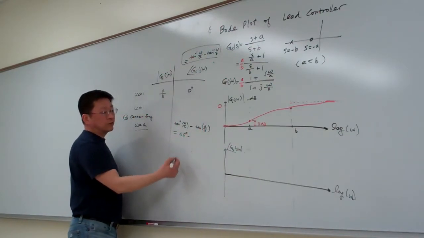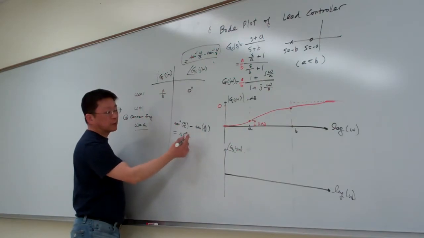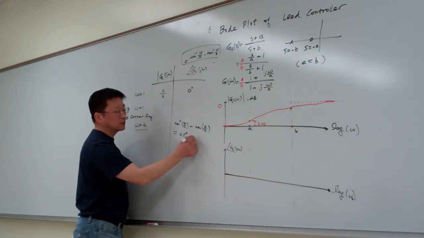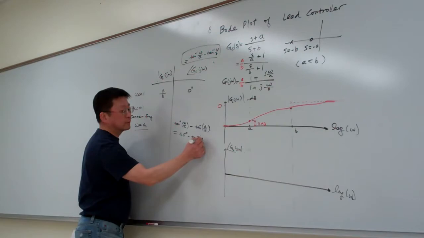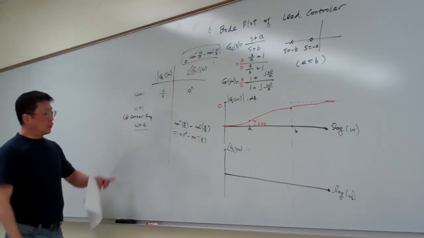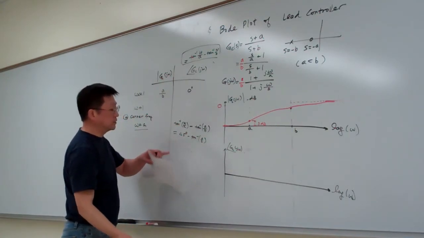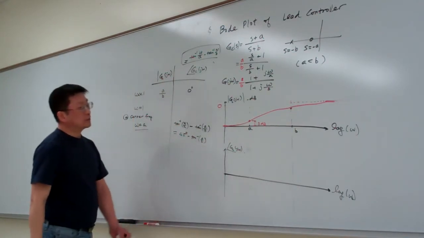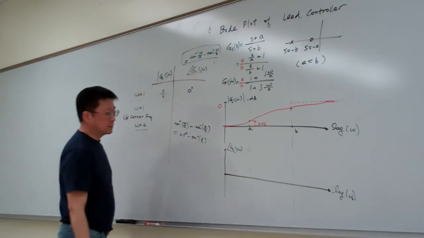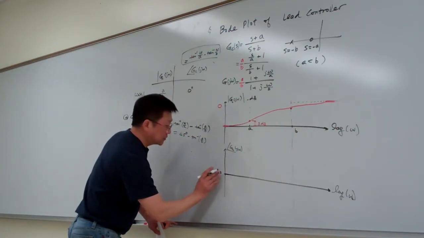A is smaller than B, so this is a certain smaller number, I would keep writing. Okay. So when omega equal to A, that means this is 45 degrees, and so let me put, say this is 0 degrees. How about this?